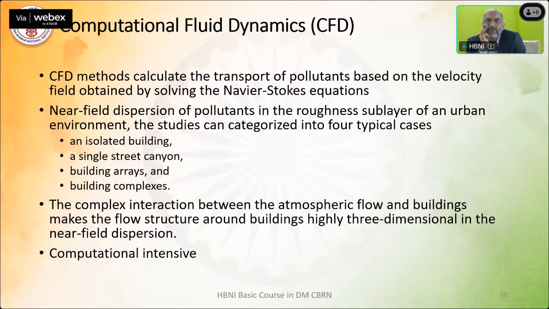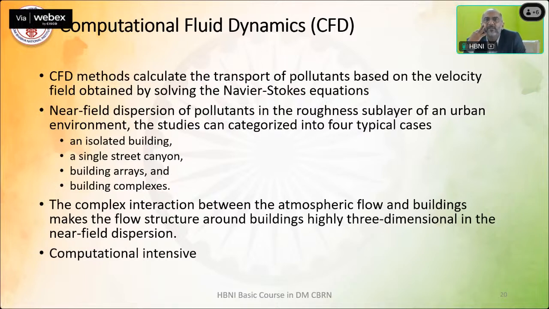CFD methods calculate the transport of pollutants based on velocity fields obtained by solving the Navier-Stokes equations. So you solve the momentum and energy equations for a particular domain. You construct it, and you use various numerical modeling techniques to do that.